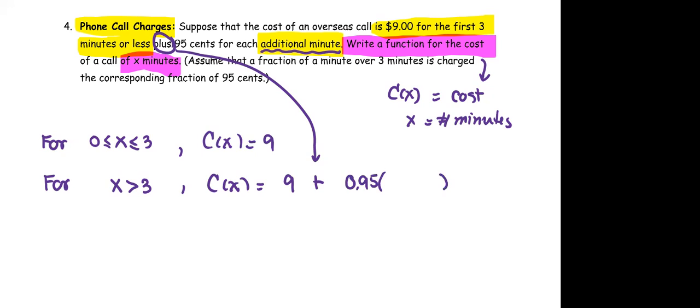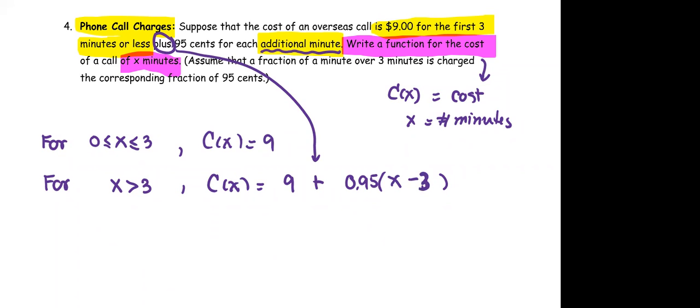That means if you call 4 minutes, how many additional minutes after 3? It's going to be 1, correct? So the 95 cents is going to be multiplied by the extra minute beyond 3. Whatever the extra minute is, it is the subtraction of the total minus 3.